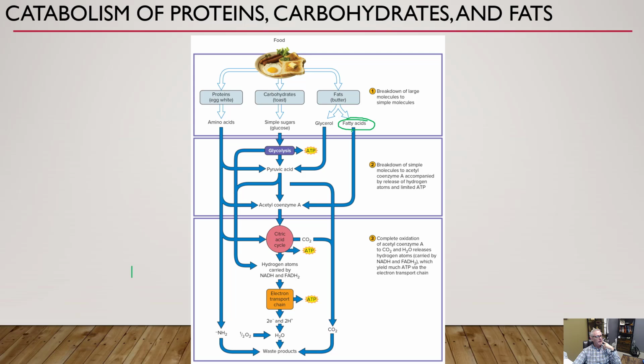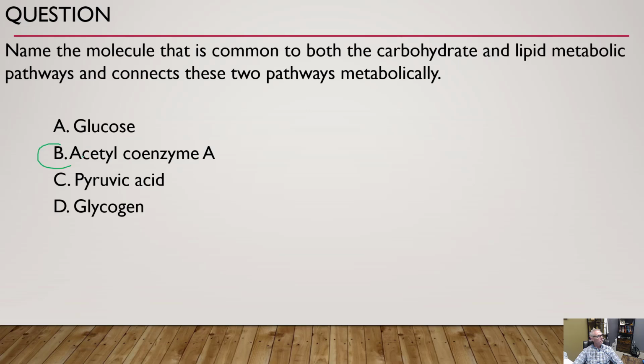If we look at fatty acids, acetyl-CoA, glycerol, pyruvic acid, carbs, the first one would be pyruvic acid. So fatty acids would get converted into acetyl-CoA. Glycerol could be converted into acetyl-CoA, and carbs can be converted into acetyl-CoA. So that's the answer we're going to go with, acetyl-CoA.